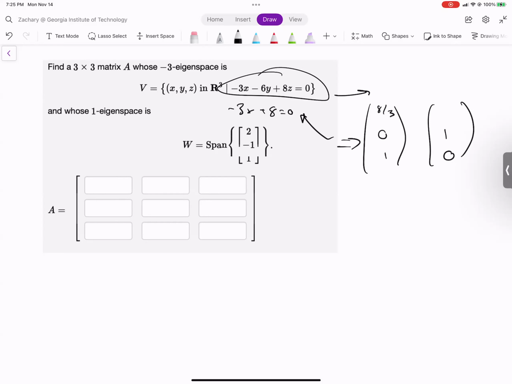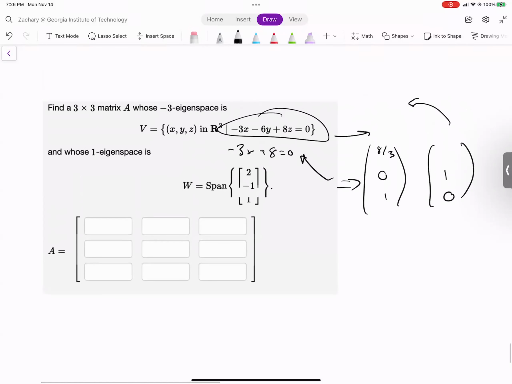Okay. For this one, when you plug in 1 for y, we get negative 3x minus 6 equals 0. That means x is negative 2. Boom, we have 2 vectors. Okay. It is the same thing as parametric vector form, I promise. Right.